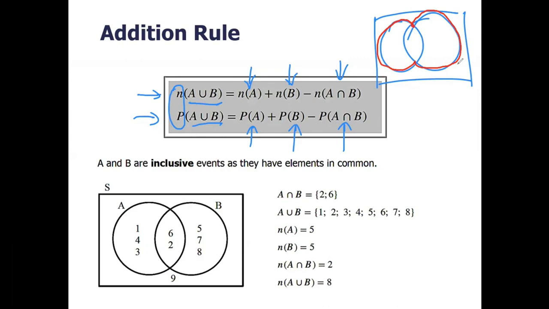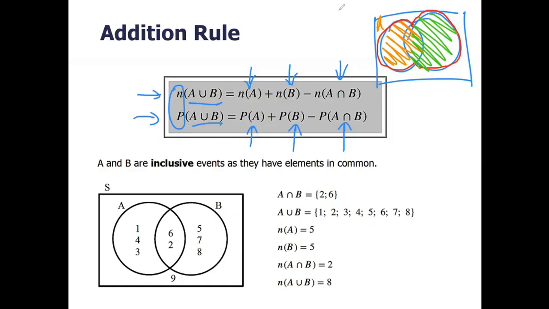Now, if you think about the addition formula, what is it saying? It's talking about A, let's say this is A, and it's talking about adding B. But if you look closely, there is a part which is being added twice, which does not add up to the whole encapsulating of that red bubble that I've drawn over the two, which means we're actually over what we're supposed to be.